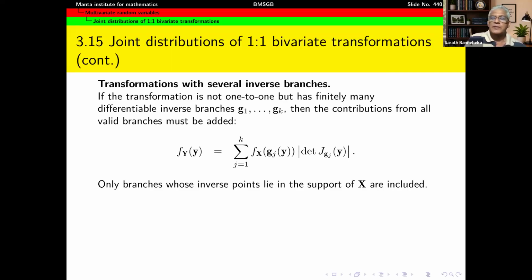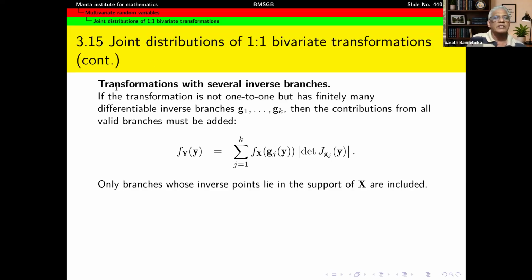Now let us look at a different situation. There are situations where the transformation that we consider is not one-to-one from the whole area A into B, but we may be able to consider the transformation as a combination of several one-to-one transformations from some subsets of A to B. We will look at an example like that.